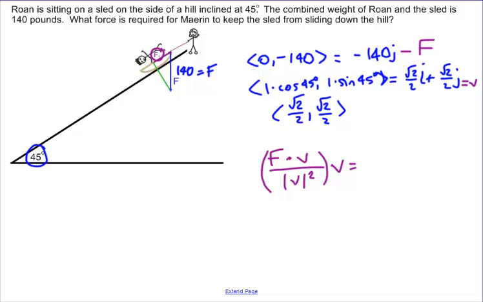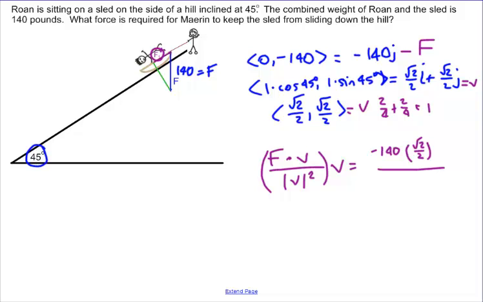Then we're going to do negative 140 times the square root of 2 over 2, divided by the magnitude of this guy right here. Remember, that's going to be 2 over 4 plus 2 over 4, which is 1. So that works out real nice.